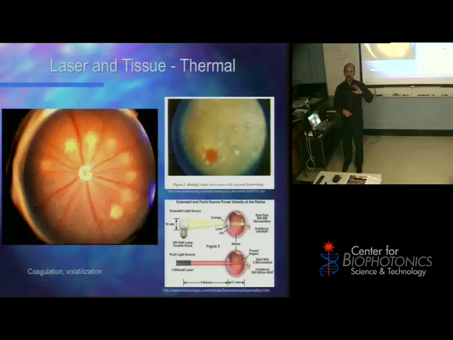Now let's look at some examples of this type of damage. This is thermal damage. Primarily, things got heated up too much, too fast, and caused some cells to die. This is a poor, unfortunate eye that stared at the laser a couple too many times.